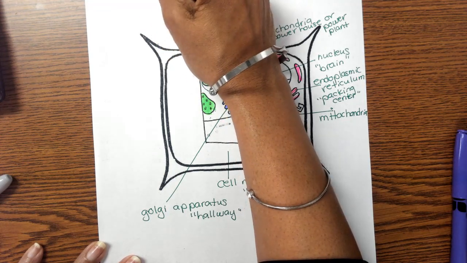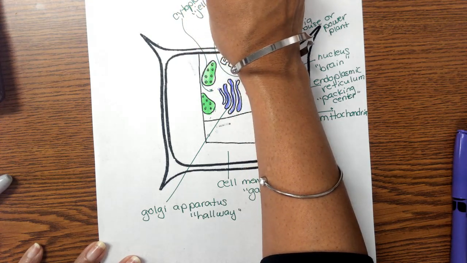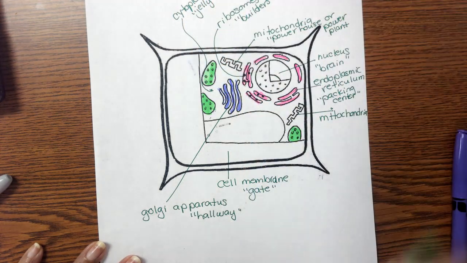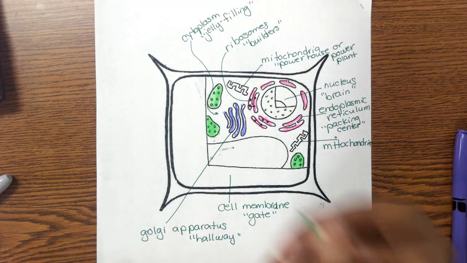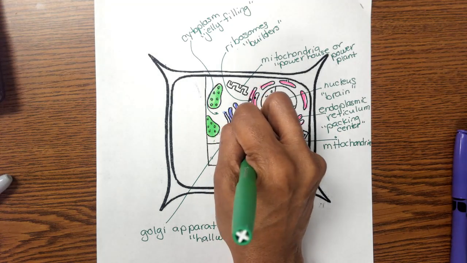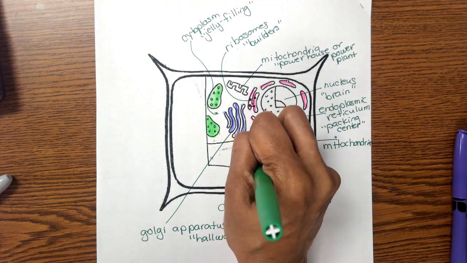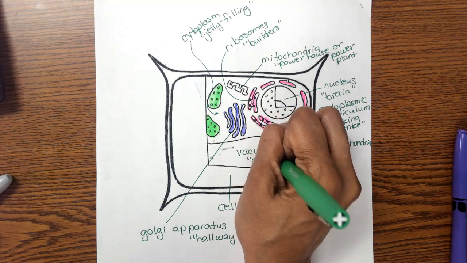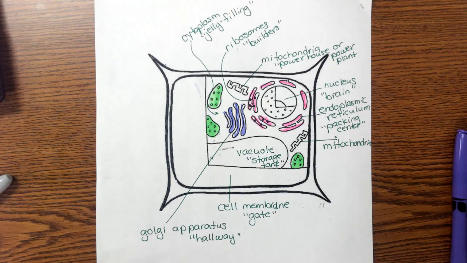That's the jelly filling that holds the organelles in place, and it also provides cushion for the organelles, so it protects them. Then right here you have your vacuole, and we said this was the storage tank. Can't remember what I put on the other side, but we're just going to say it's the storage tank.